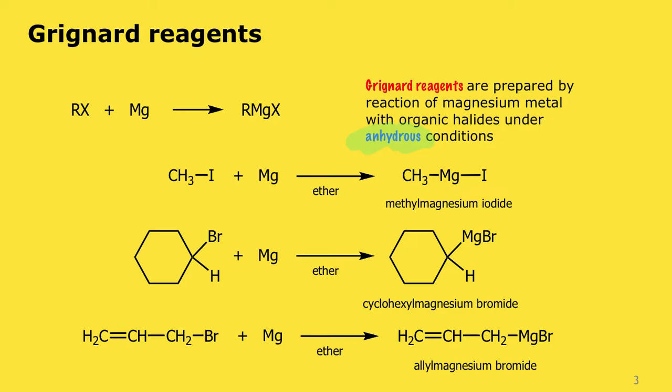For all intents and purposes, the magnesium ends up inserted between the carbon and the halogen with these kind of covalent ionic bonds. There's a good bit of covalent character, but also a good bit of ionic character to these bonds. So methyl iodide, for instance, will react with magnesium, forming this compound known as methyl magnesium iodide.